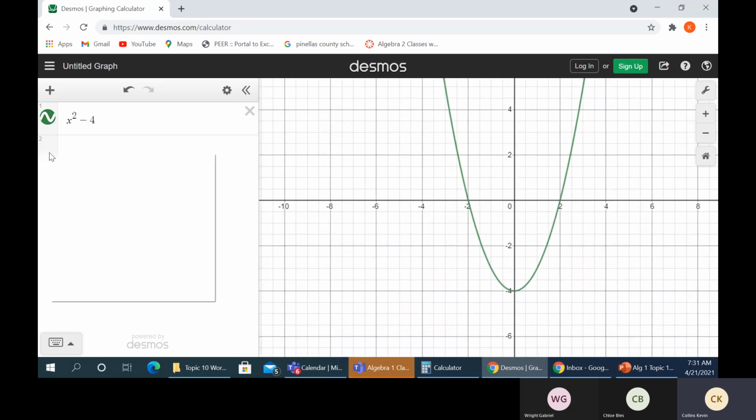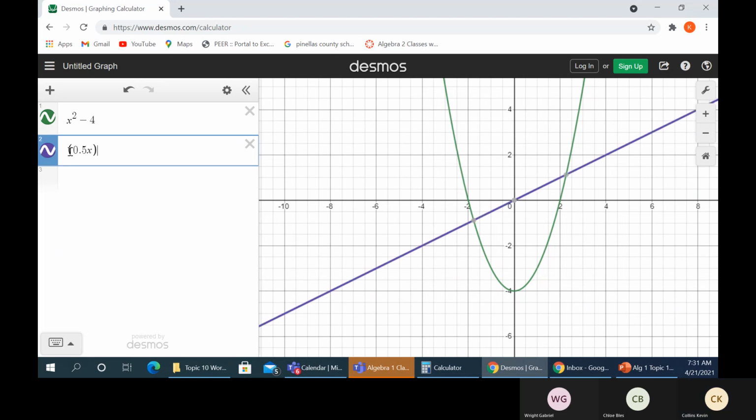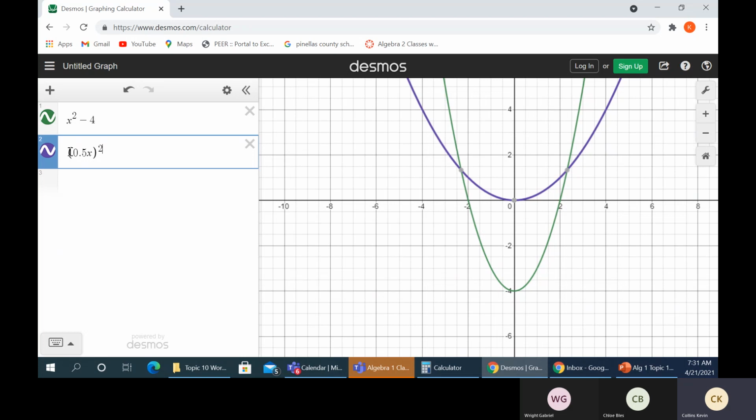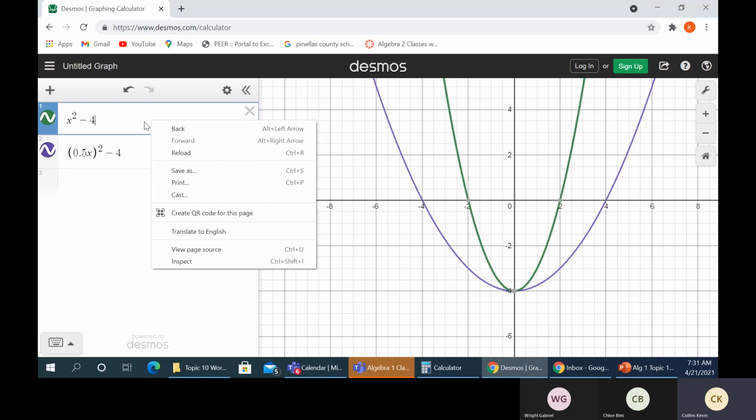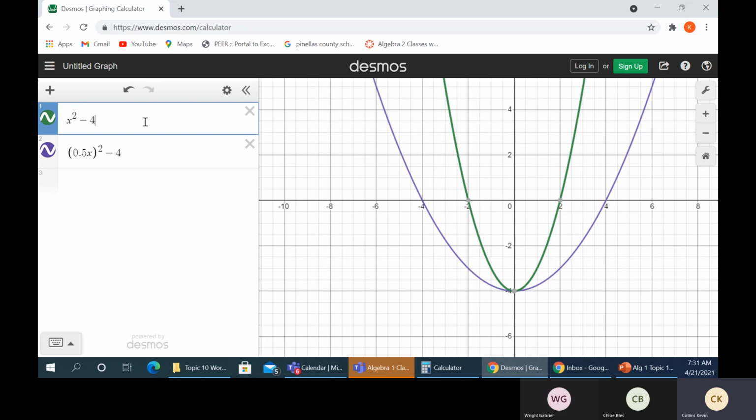All right, then the other guy, we had 0.5x in parentheses, square him, and then the minus 4. So you see what's happened here. The original graph here in green got pushed down or kind of spread out, okay?